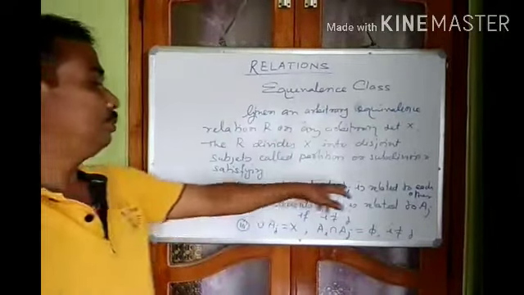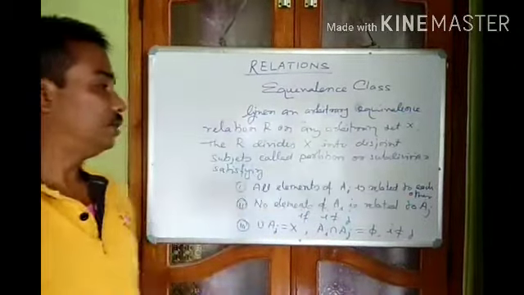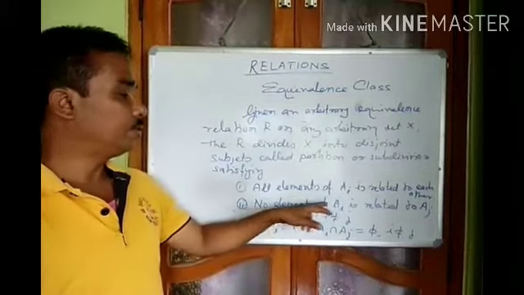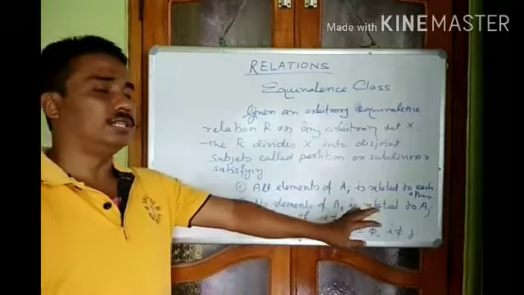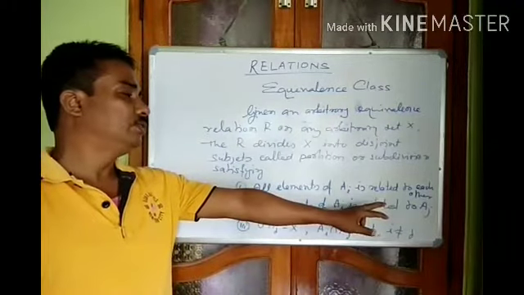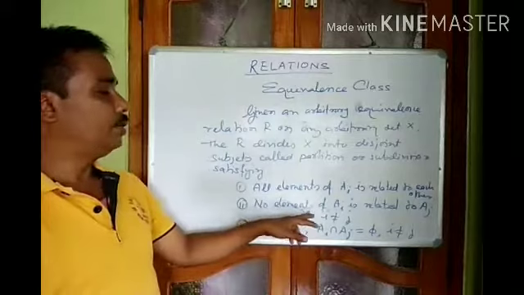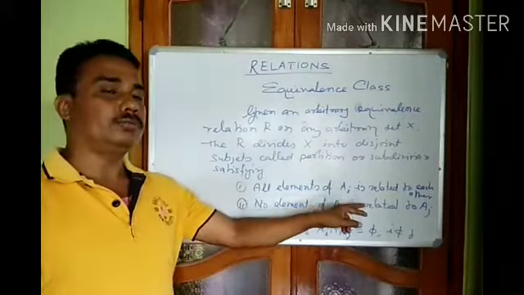It means all the elements of Ai are related to each other. No elements of Ai, that means if we take i as 1, elements of A1 are not related to elements of A2, or elements of A2 are not related to elements of A3.